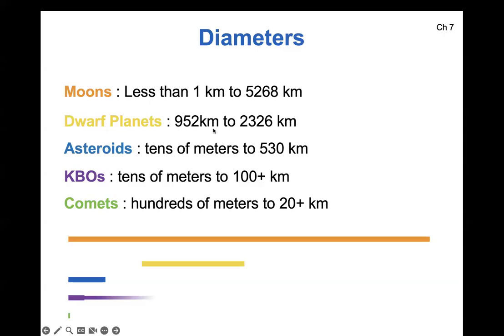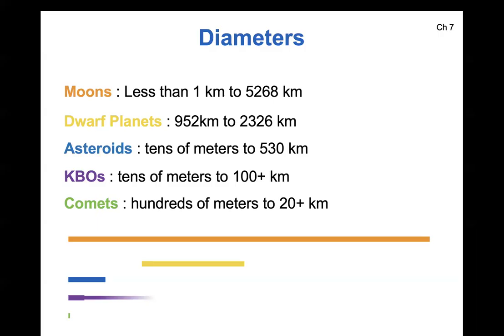Dwarf planets range from a lower limit of 952 kilometers, which is maybe Ceres itself, I think is the smallest, although I thought Ceres was just above 1,000. So I'd have to look up for sure. But Ceres is one of the smaller ones, but there may be a smaller one out there in the Kuiper belt. The biggest dwarf planet by size is, again, these numbers are getting updated and varying in the tens of kilometers with better measurements.